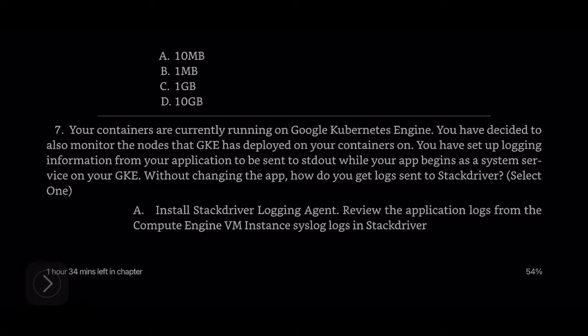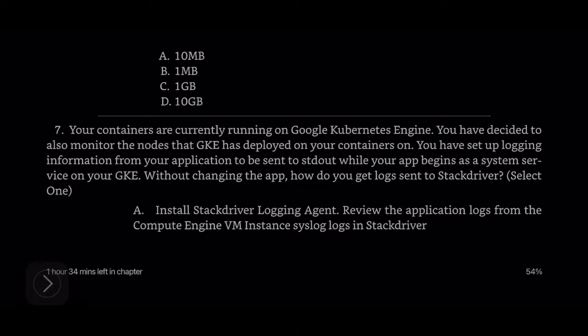7. Your containers are currently running on Google Kubernetes Engine. You have decided to also monitor the nodes that GKE has deployed your containers on. You have set up logging information from your application to be sent to stdout while your app runs as a system service on your GKE. Without changing the app, how do you get logs sent to Stackdriver? Select 1. Install Stackdriver logging agent.